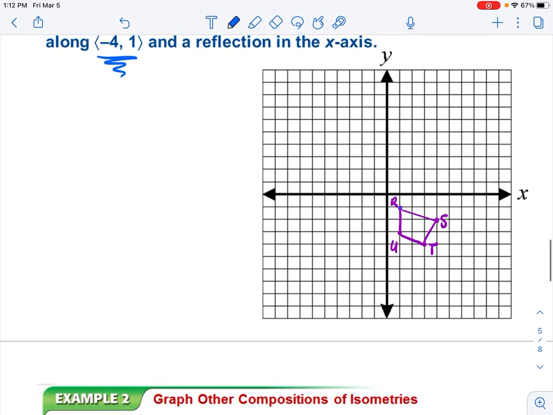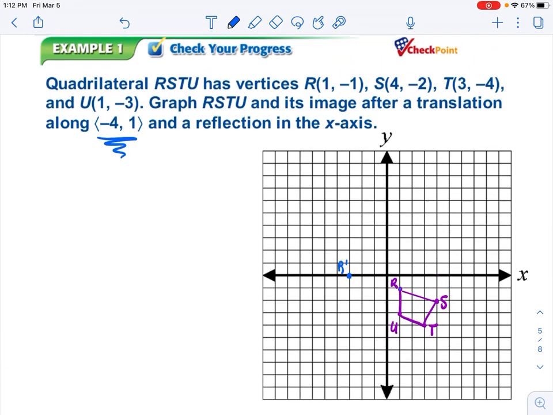So here is R prime. Then I'm going to do the same thing with S. This is S prime. Then the same thing with T, T prime, and U, U prime.